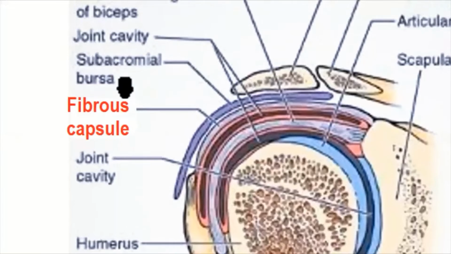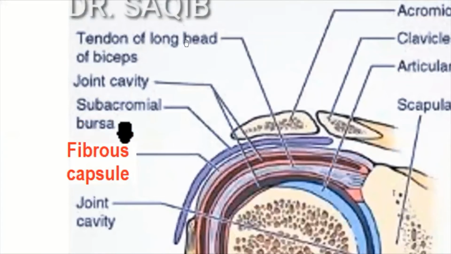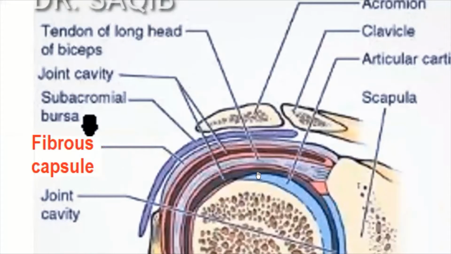This is the tendon of the long head of the biceps, and this is intracapsular, right? This fibrous layer of the capsule encroaches on the coracoid process, and it encloses the origin of the tendon of the long head of the biceps, the supraglenoid tubercle.